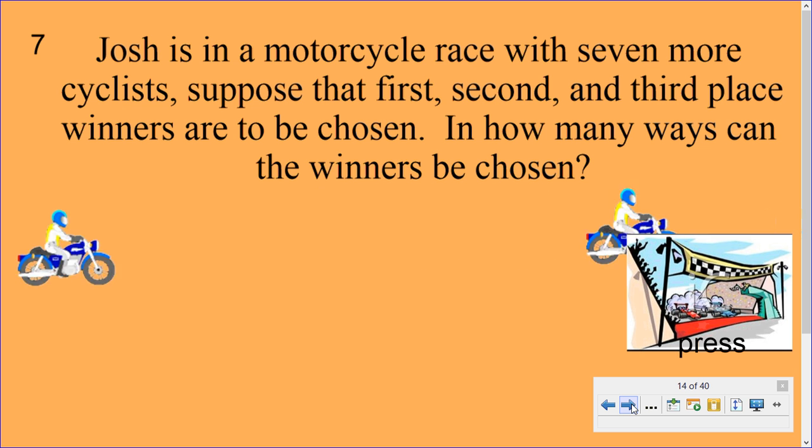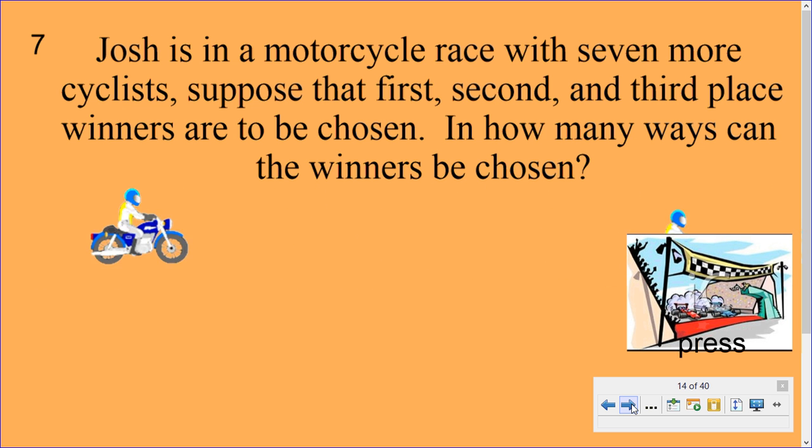Here's a question for you, and this time it's a little bit different. Josh is in a motorcycle race with 7 more cyclists. Suppose that first, second, and third place winners are to be chosen. How many ways can the winners be chosen?